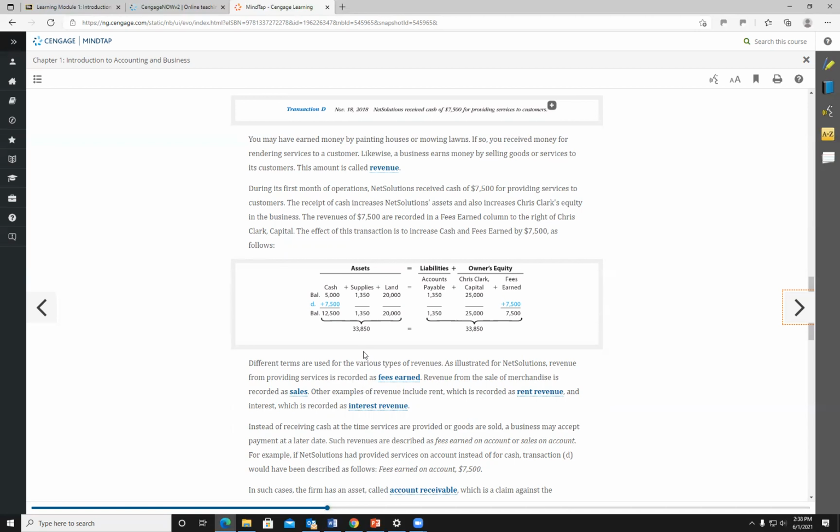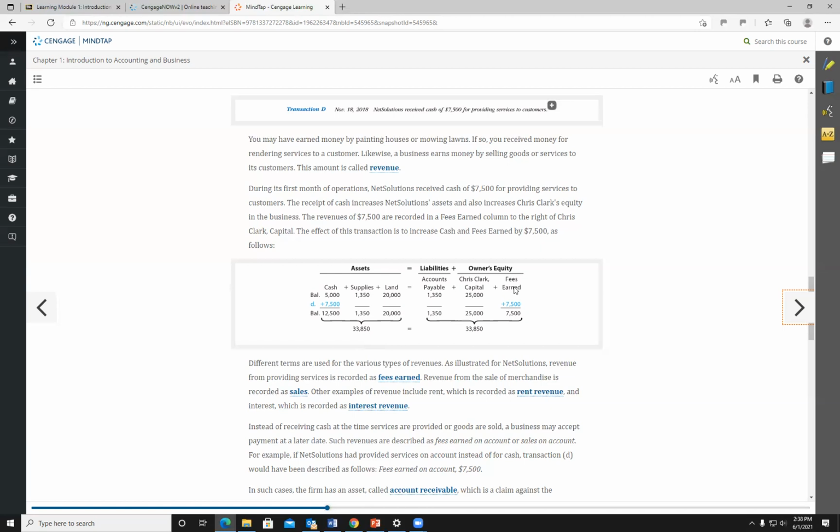So let's look here. We have a beginning balance of cash of $5,000. We just increased it by $7,500 from the revenue that Net Solutions generated. So we've now increased our assets to $33,850, but we have to balance our equation. So on the other side, where does that money go?